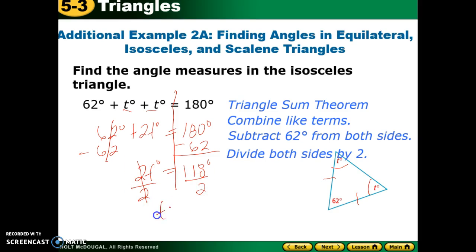Divide by 2, I'm left with t equals 59 degrees. So both of these angles should be 59 degrees if all goes well. And I think they are. 59 and 59 is 118 plus 62, 180. So that's how you find a missing angle. You just subtract from 180 basically.